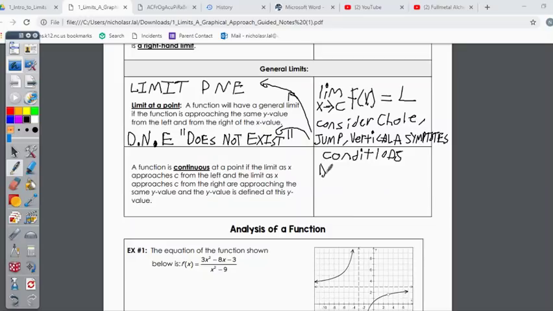One, f of c is defined. So c is the x value, the point that we're approaching. So f of c is defined.